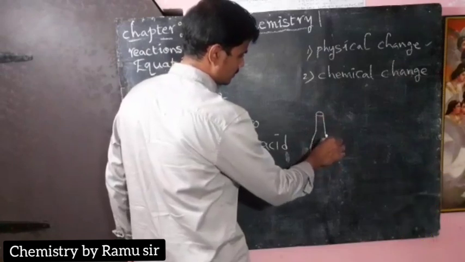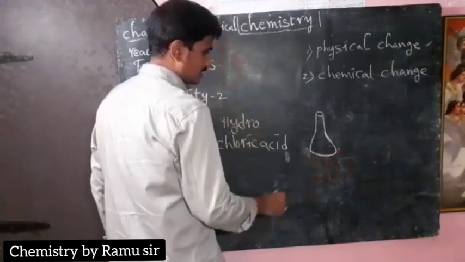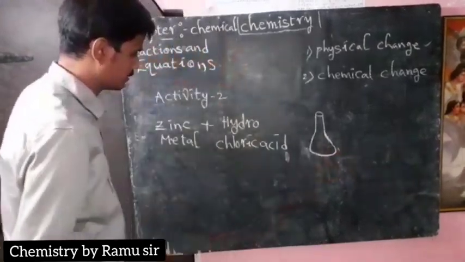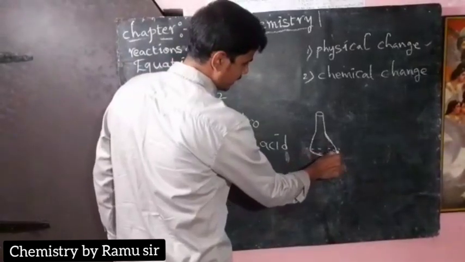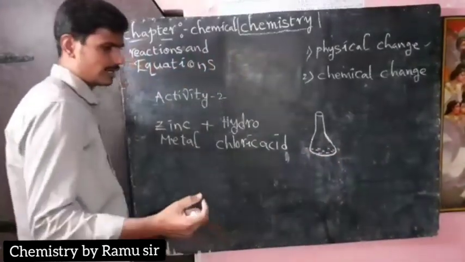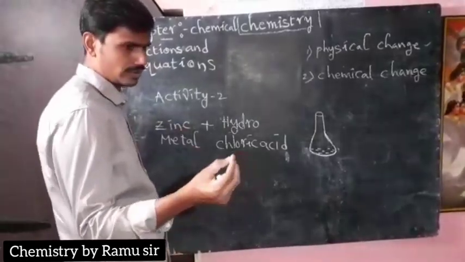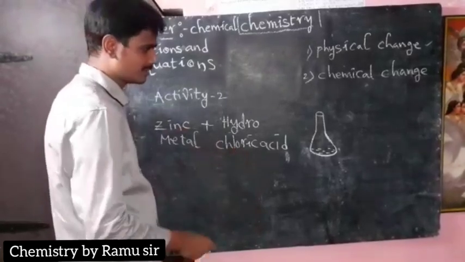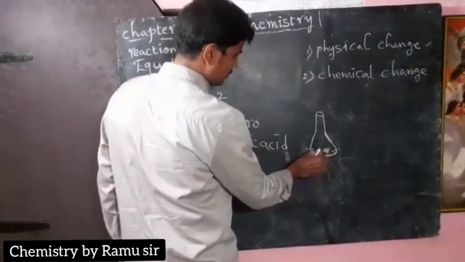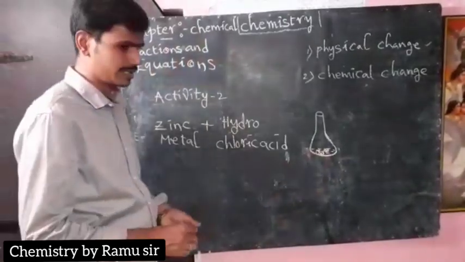In it we take some amount of hydrochloric acid, which is an acid, and we drop two or three small pieces of zinc metal. Immediately a reaction starts between the zinc metal and hydrochloric acid.